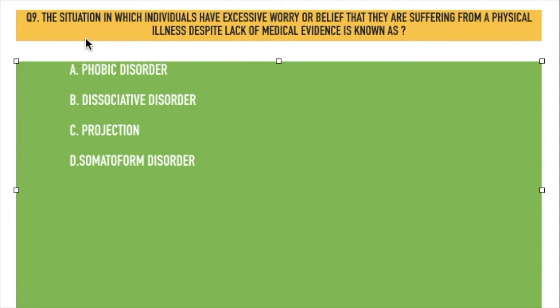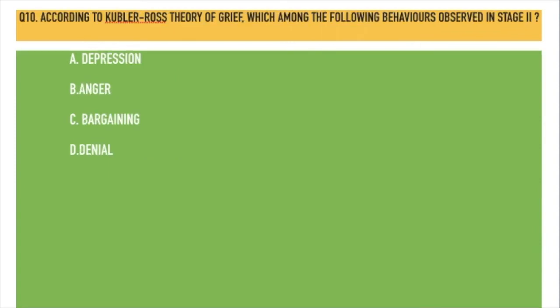The fear of disease, anxiety of having a serious illness, any kind of illness without physical symptoms. He may complain about severe pain in some area or fatigue, but there will be no medical evidence for that. That is somatoform disorder.